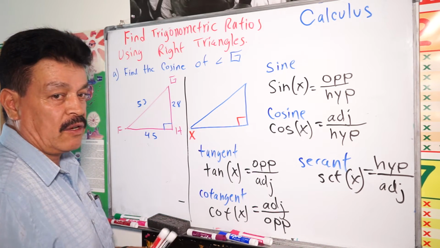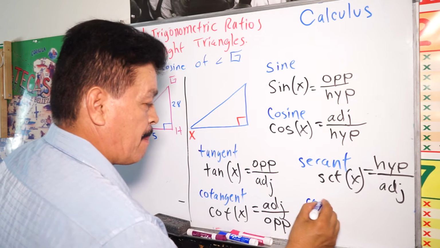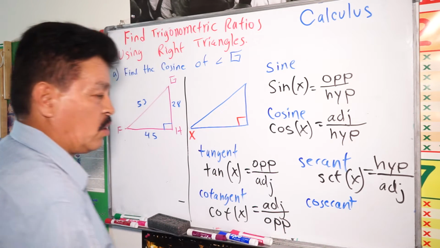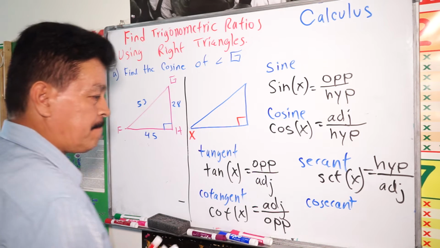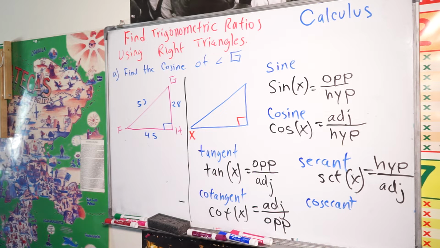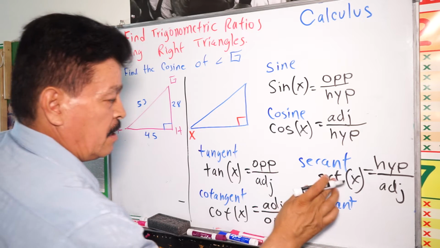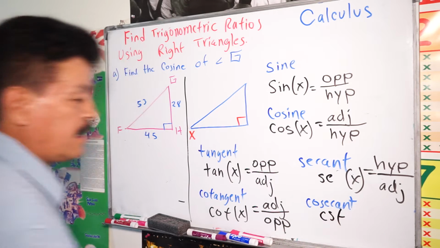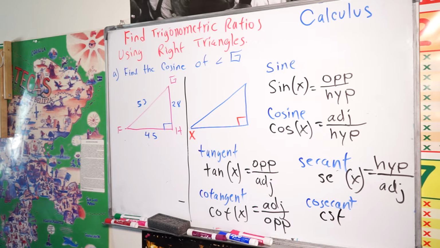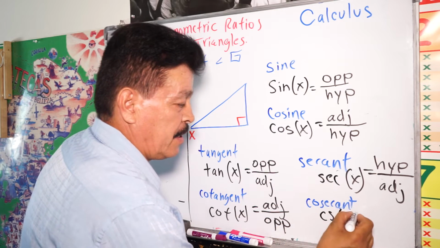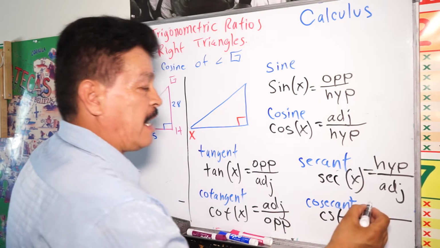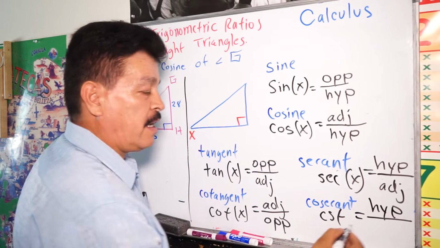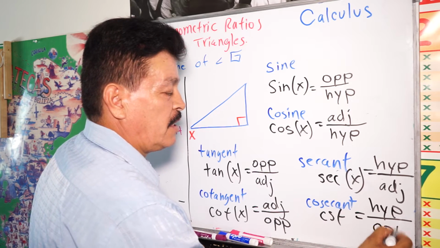The last one is cosecant. The formula for cosecant is hypotenuse over opposite cathetus. Okay.